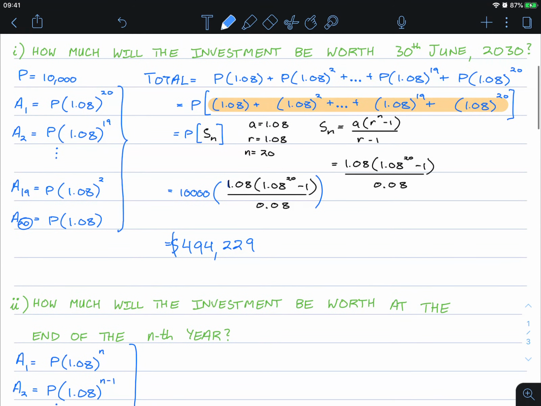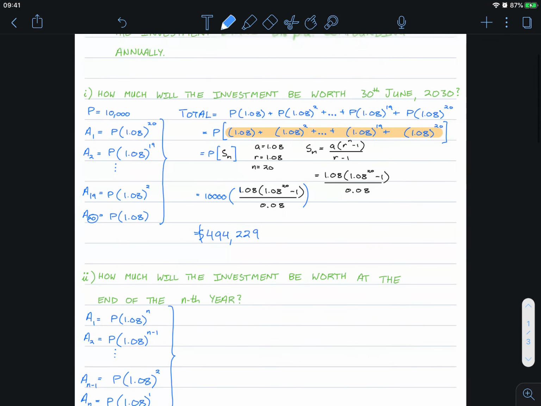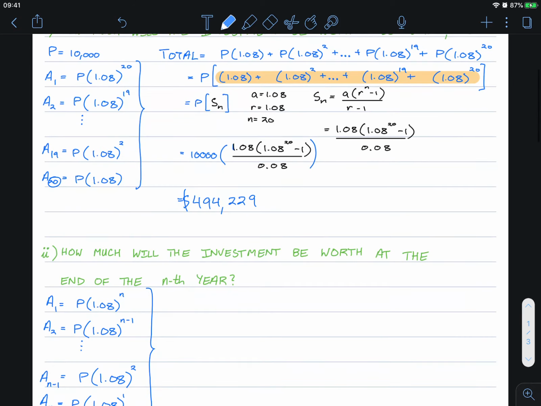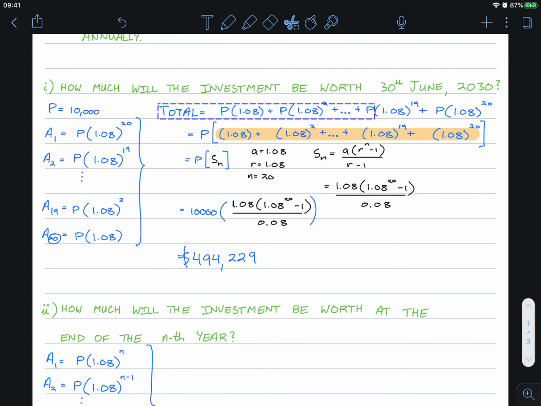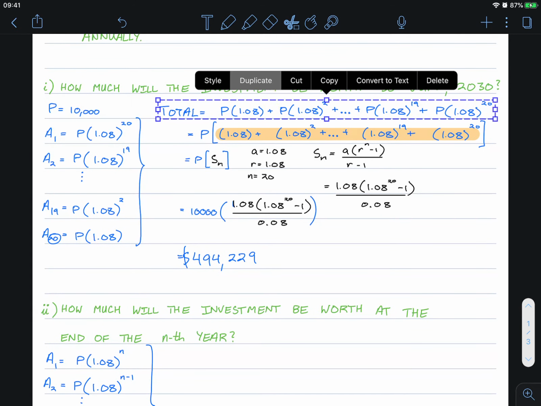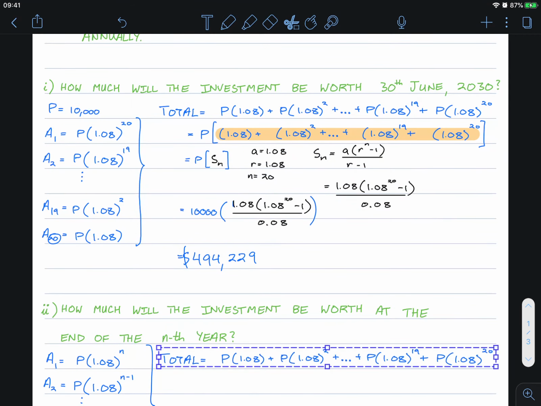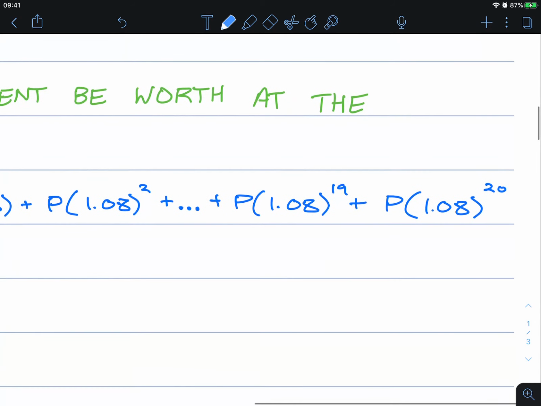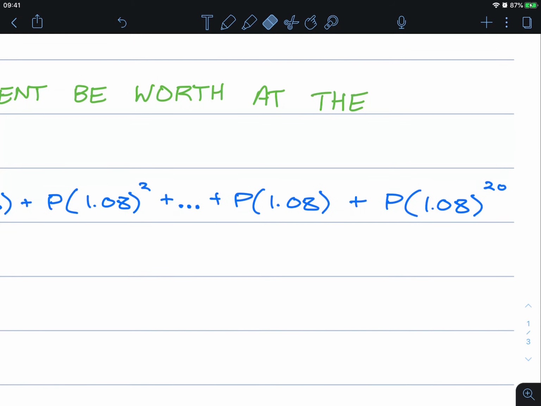Taking the exact same idea from here, the total is going to be the exact same. So I'm going to copy this total, except instead of 19, it'll be the second to last term, and instead of 20, it'll be the nth term.